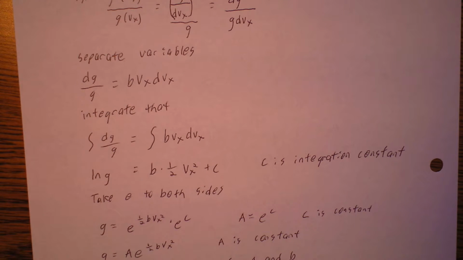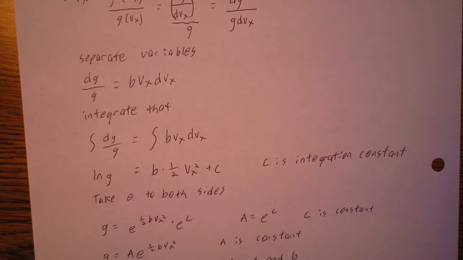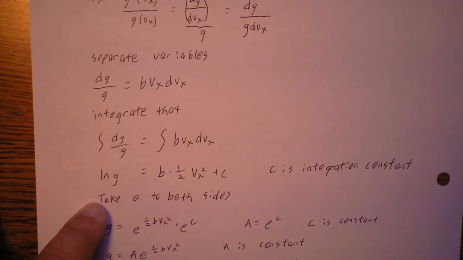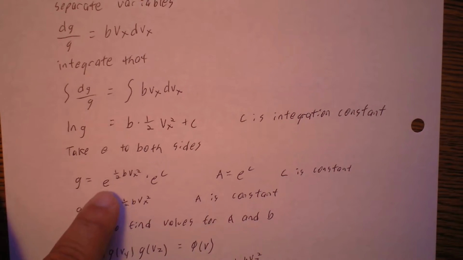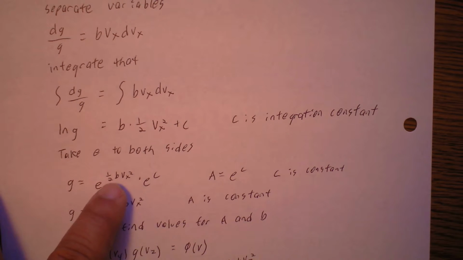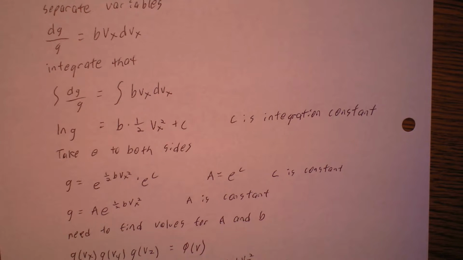But even though it's a definite integral, we're going to have an integration constant. Technically, we'd have an integration constant on both sides if we combine them. So we have one integration constant. So we could take e to both sides.